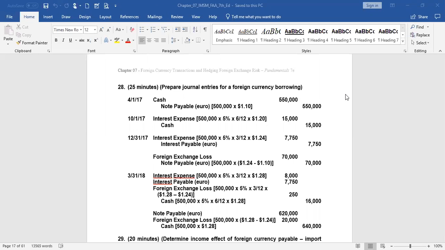So 500,000 euros times a 5% interest rate per year times 6/12 because interest will be paid every 6 months, times the conversion rate on the day we're paying the interest, $1.20 per euro. So really, in terms of US dollars, we're paying $15,000 in cash, and that's the debit to interest expense as well.